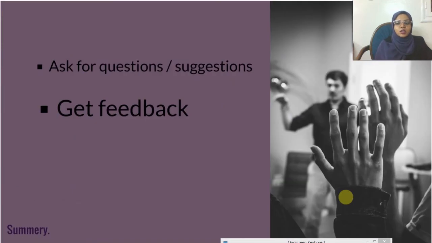At the end of the presentation, ask for questions or for suggestions and get feedback. Always get feedback. Remember, we said that delivering a presentation is communication, and it includes a sender, a medium, a receiver, and feedback. So make sure that you get the feedback in order to compare it to your intent.